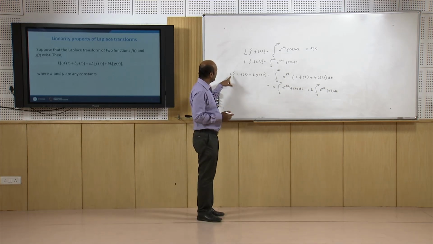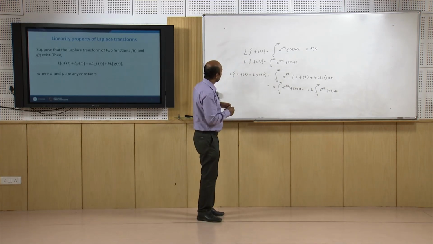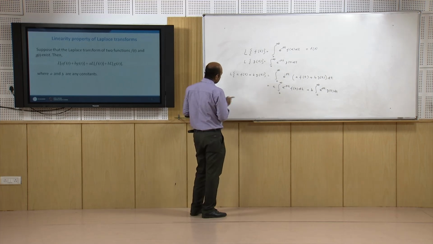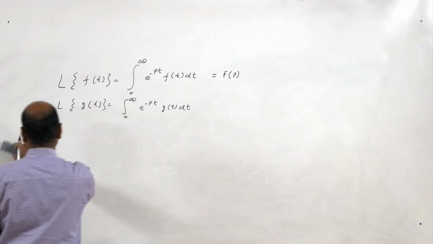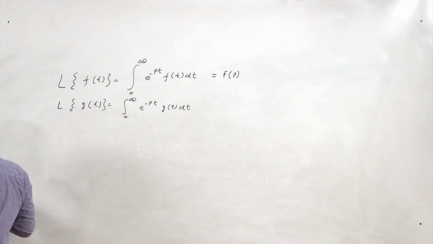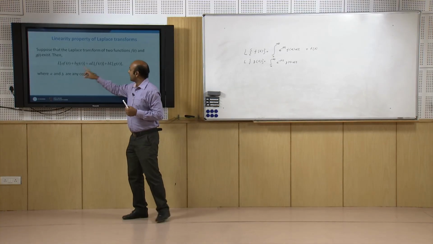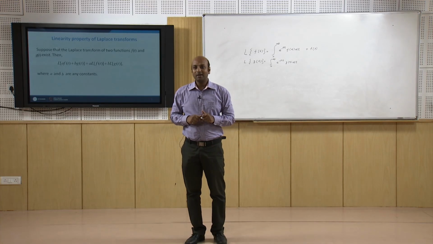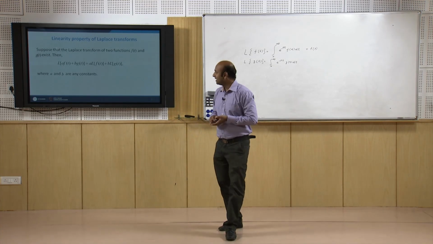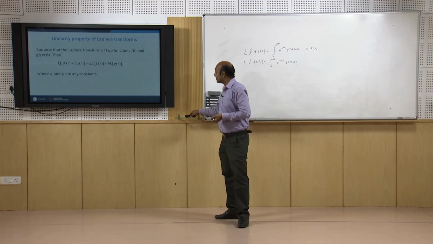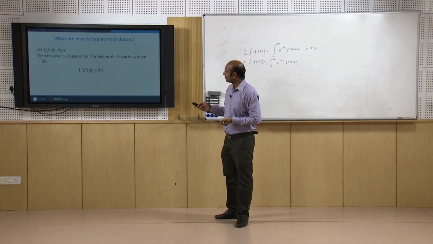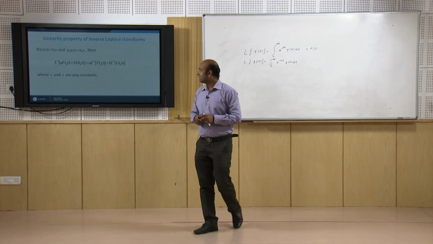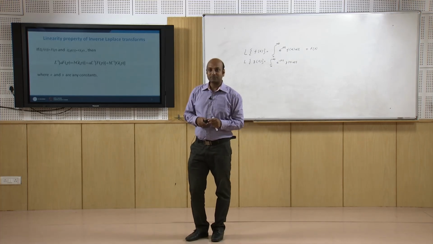That we can easily derive, because by this result itself, when we take Laplace inverse, the Laplace inverse of a times F(p) plus b times G(p) will be nothing but a f(t) plus b g(t), where f(t) is the Laplace inverse of F(p) and g(t) is the Laplace inverse of G(p). So we have this result, the linearity property of inverse Laplace transforms.